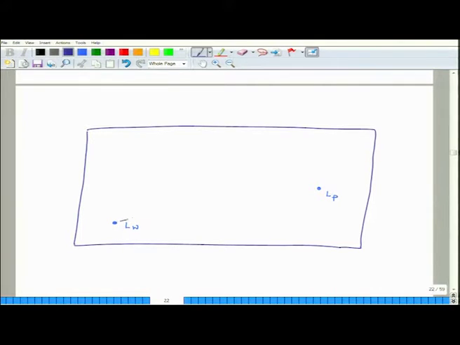Suppose this distance is R, then LP is equal to LW plus 10 log 10 of 4 by room constant plus Q by 4 pi r square plus 0.1, right. This is the relation we have discussed till so far.